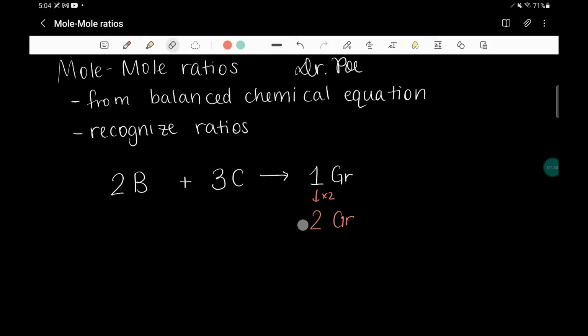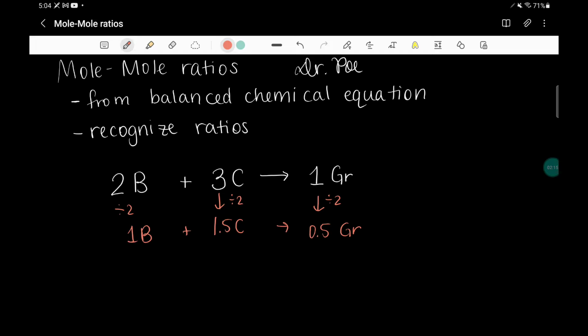Similarly, what if I don't want 2 grilled cheeses? What if I wanted half a grilled cheese? So if I wanted to end up with 0.5 grilled cheese, I would have to have 1.5 cheeses because I'm dividing this by 2 each time, and I would need only 1 bread.